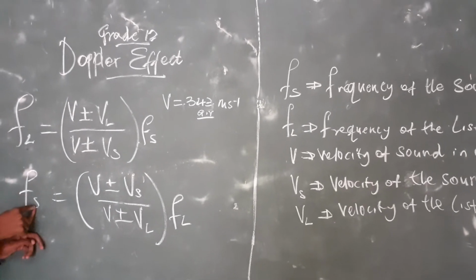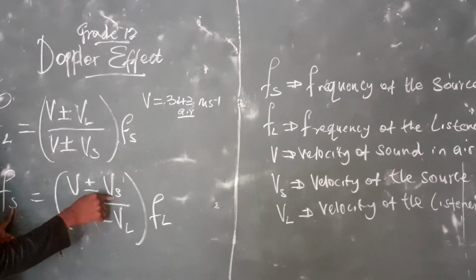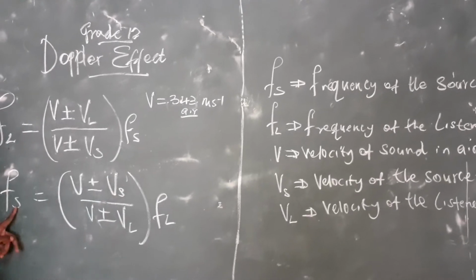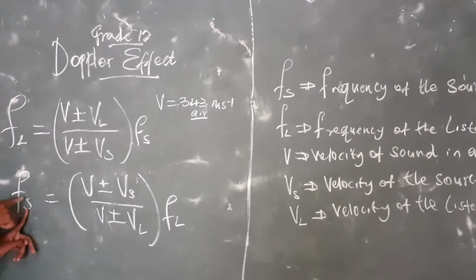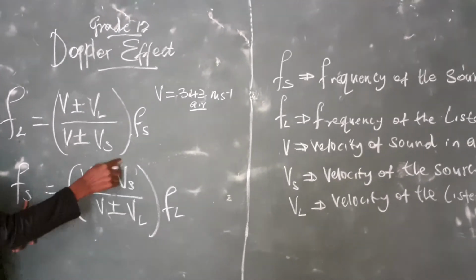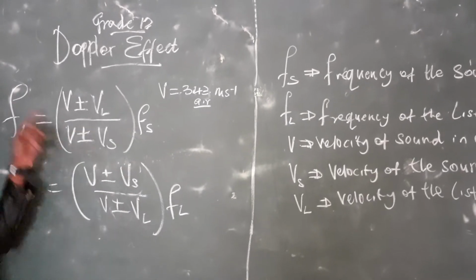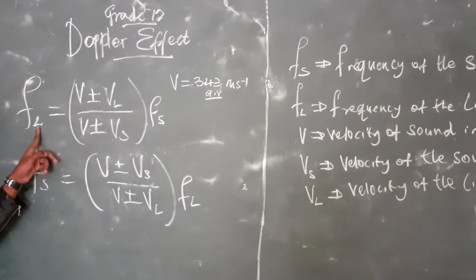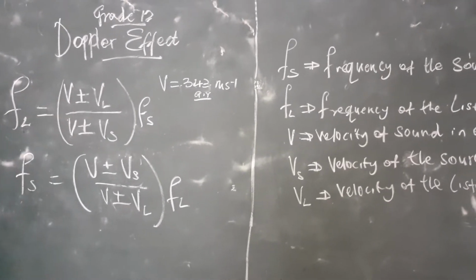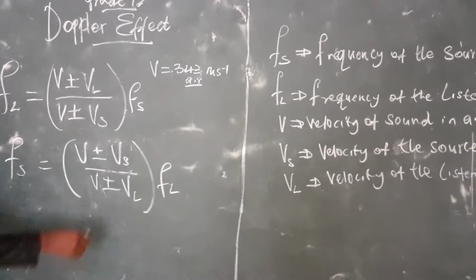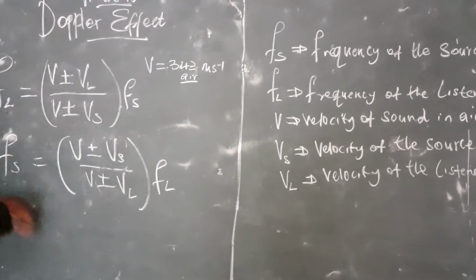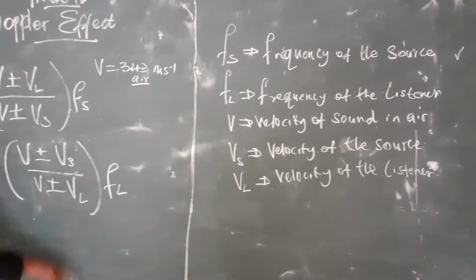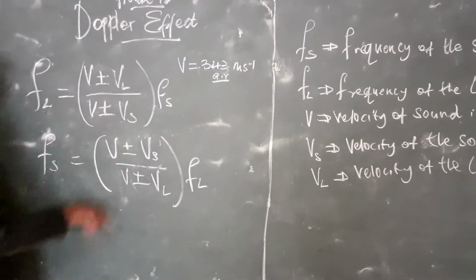Note that the frequency of the source has to be in line with the velocity of the source. If you are calculating the frequency of the source, the velocity of the source must be in the numerator. Also, if you are calculating the frequency of the listener, the velocity of the listener must be in the numerator.